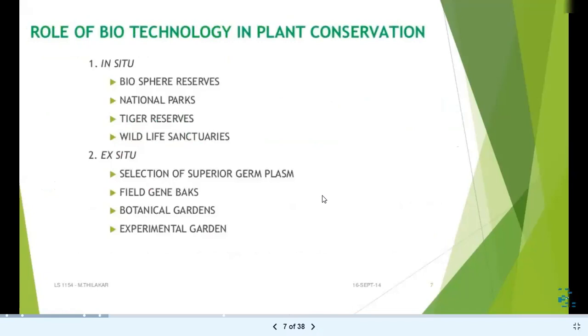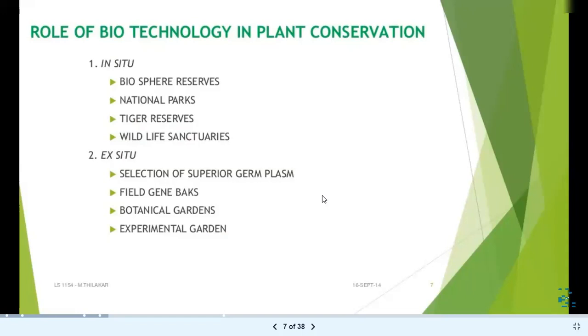Role of biotechnology in plant conservation. Biotechnology can be used in both ways. First, in situ conservation, which includes biosphere reserves, national parks, tiger reserves, and wildlife sanctuaries.